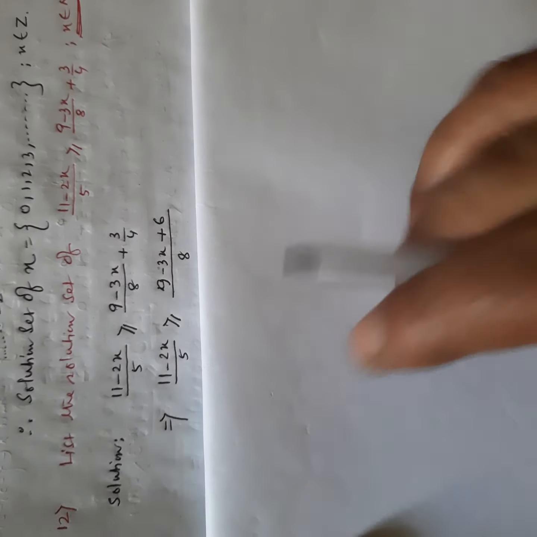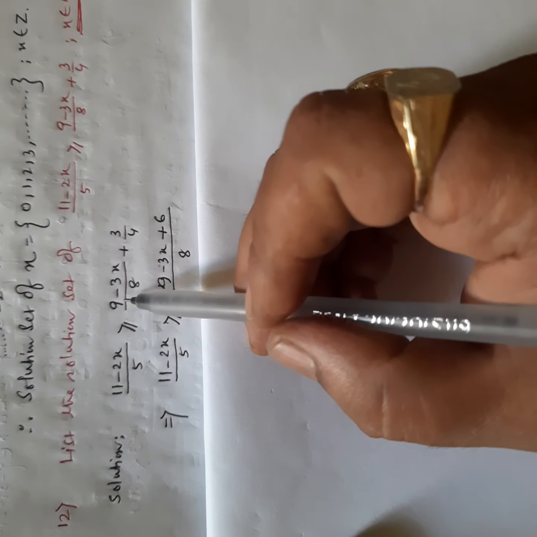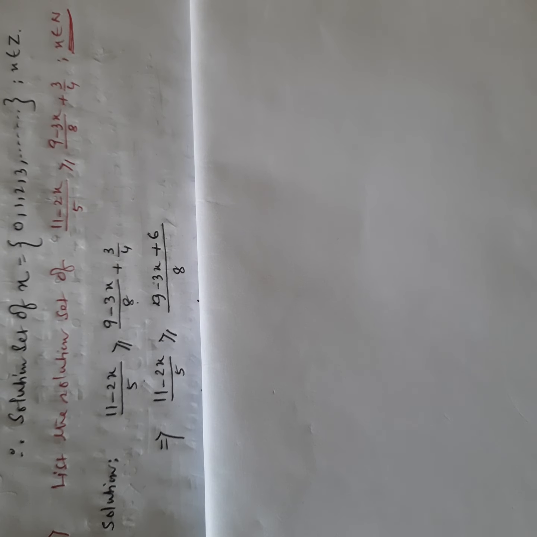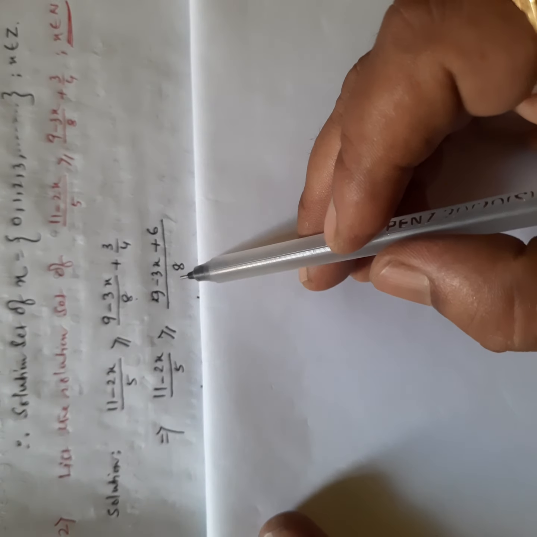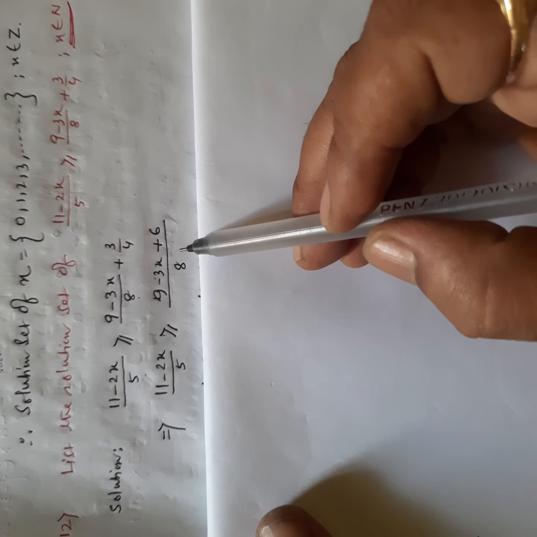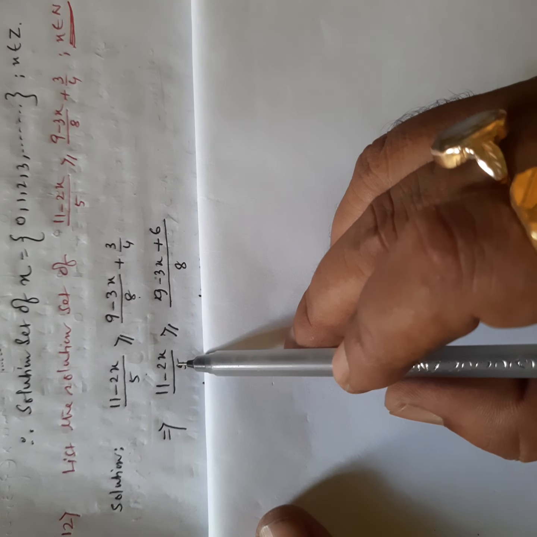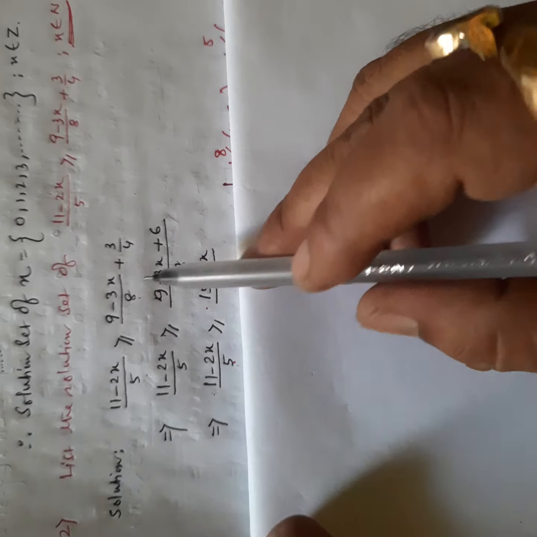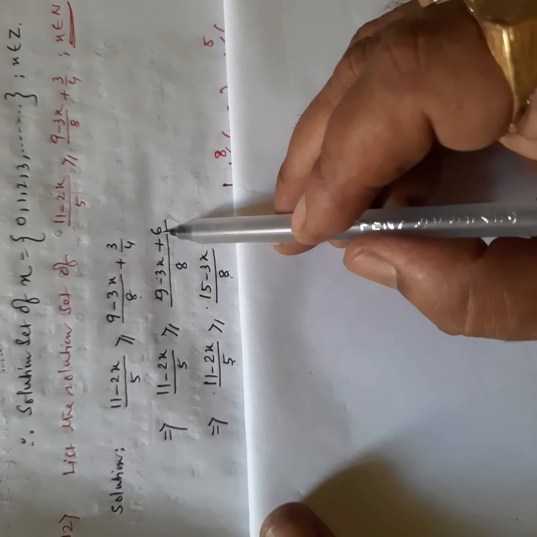Solution: (11 - 2x)/5 ≥ (9 - 3x)/8 + 3/4. We just take the LCM on the right hand side of the inequation and the left hand portion remains unchanged. (11 - 2x)/5 ≥ LCM is 8, (9 - 3x + 6)/8.